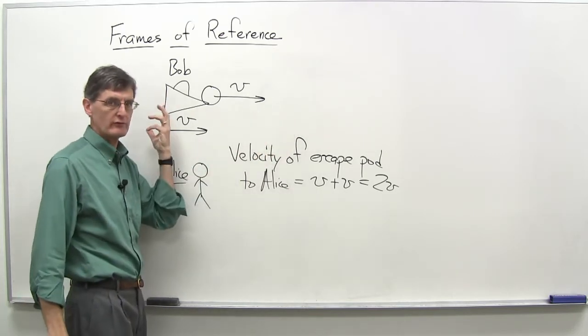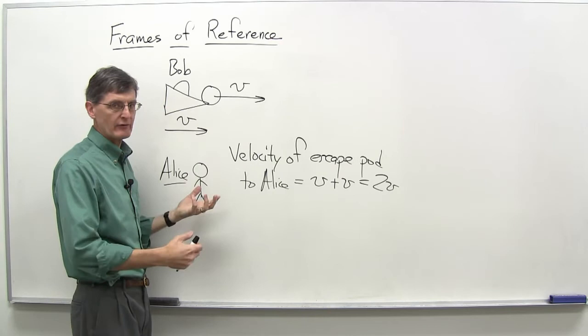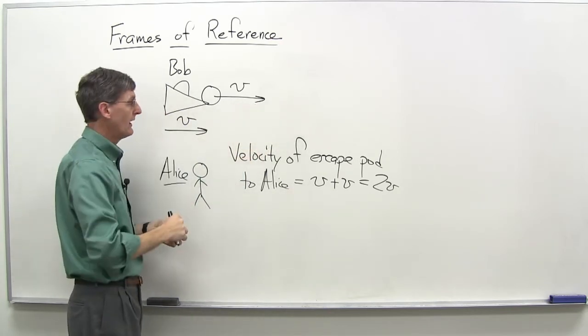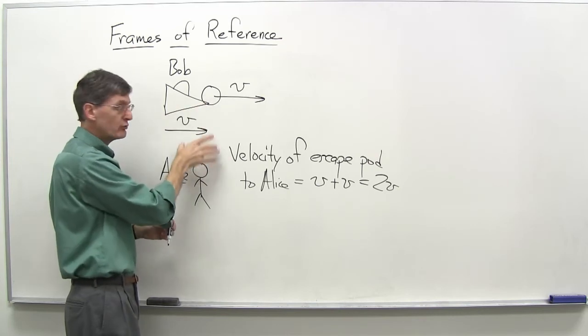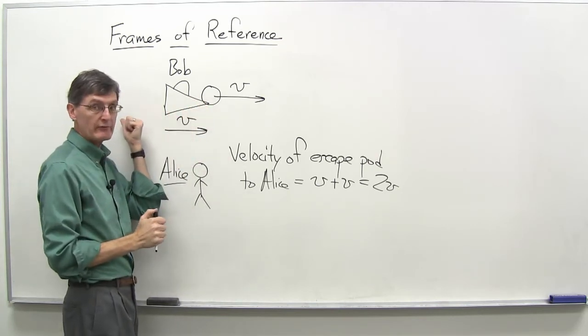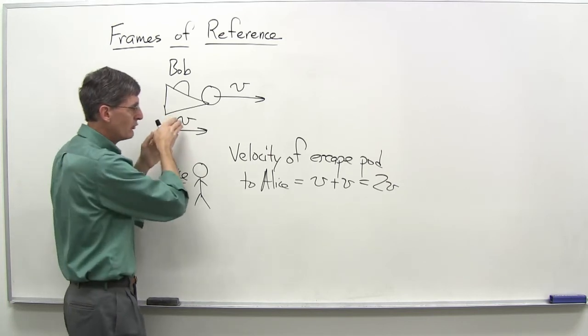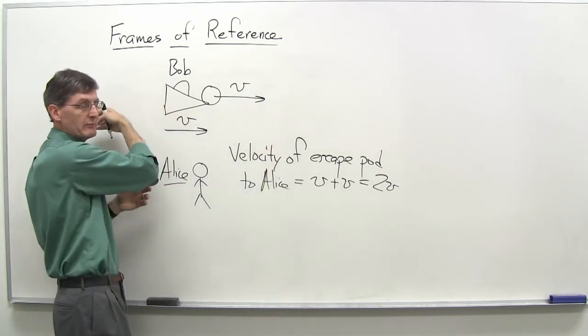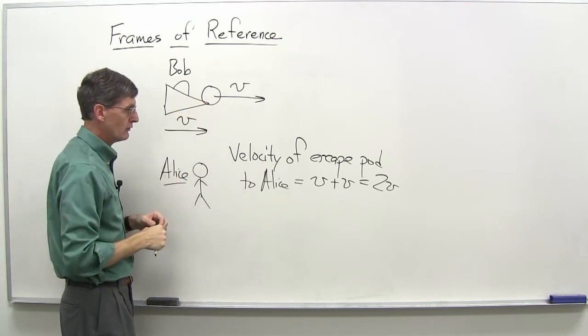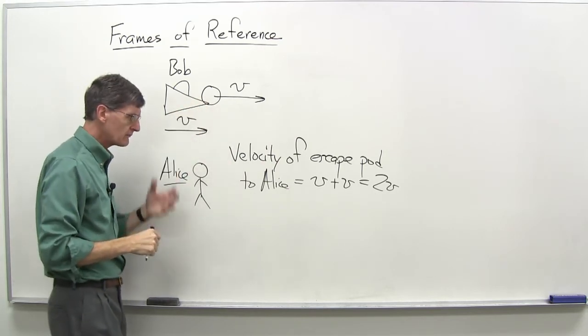Or again, if it's going in the other direction, it would cancel out. So if Bob was moving with v this way and he shot the escape pod the other way at velocity v, the escape pod to Alice would just sit there. To Bob, it'd still be going away from him, but to Alice, the movement of the spaceship that way plus the escape pod that way would mean the escape pod would just sit here in her frame of reference.